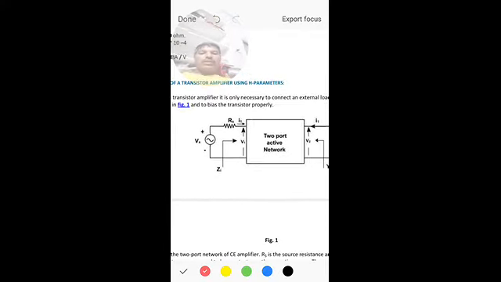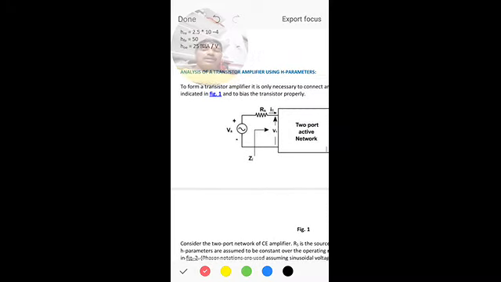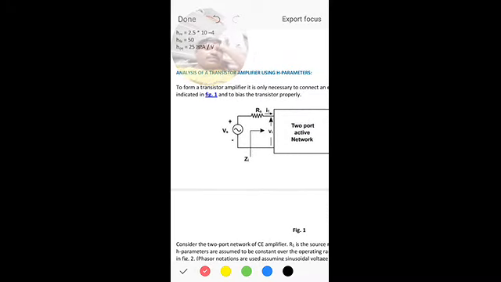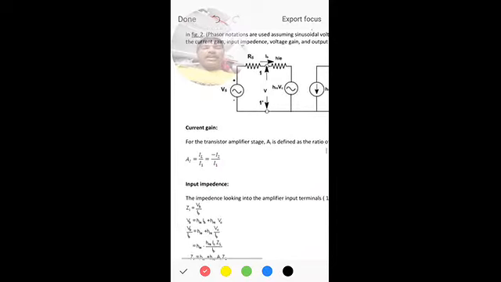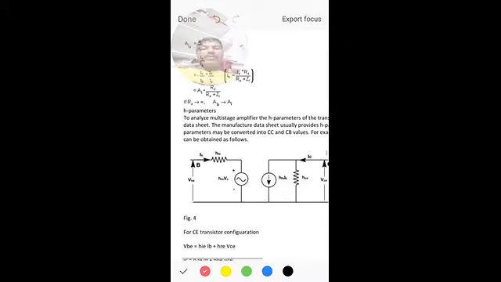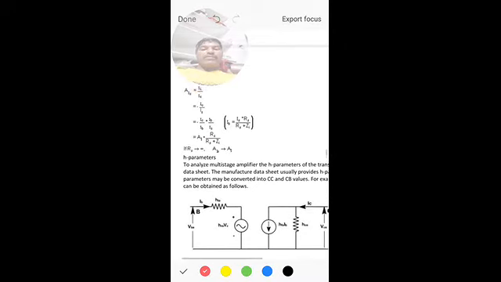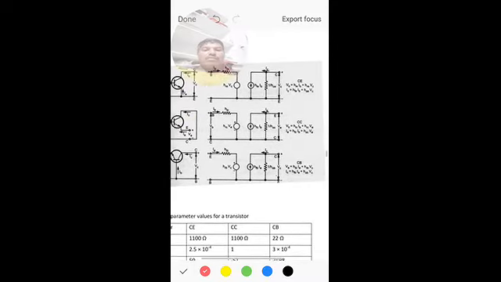Now we will do some analysis using the transistor. This is the H parameter model for the CE configuration.